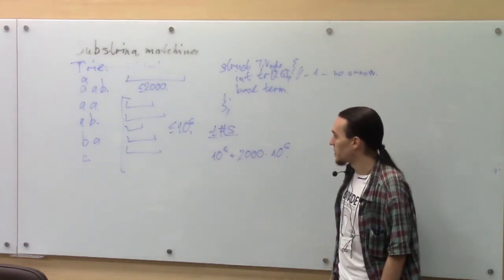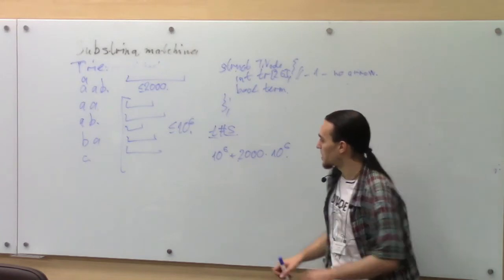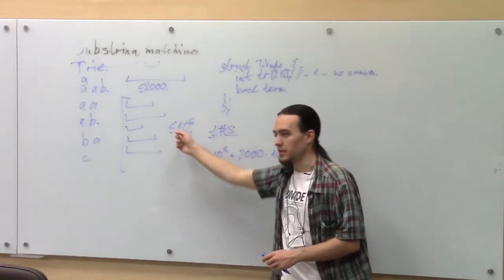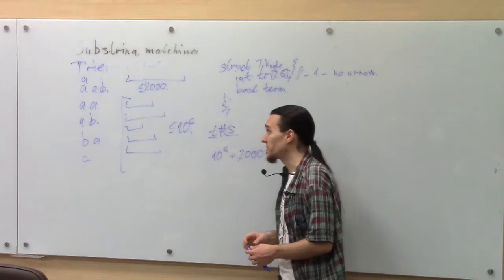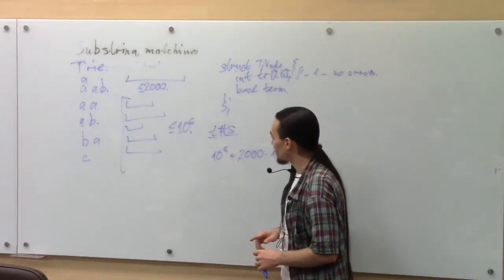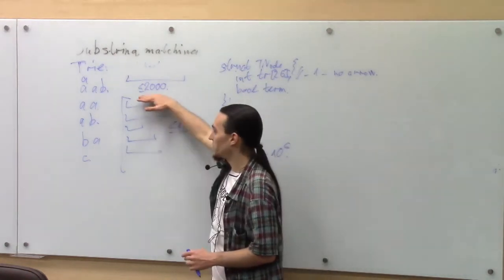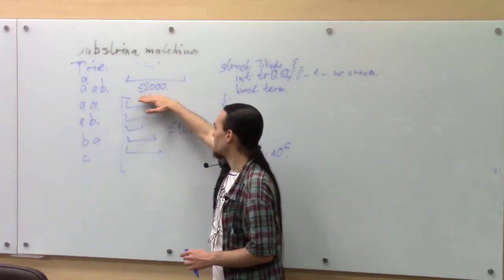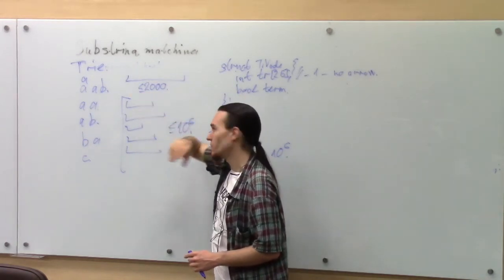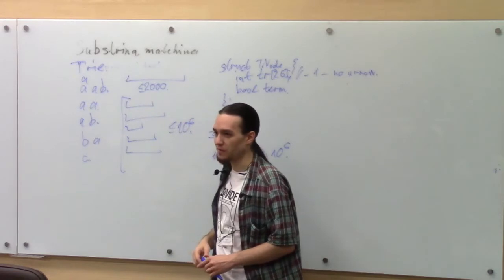So we want something that processes each string, like you can see that we almost want a linear time, but we may use the fact that the text string is not too large, and we may want to preprocess something because it never changes.